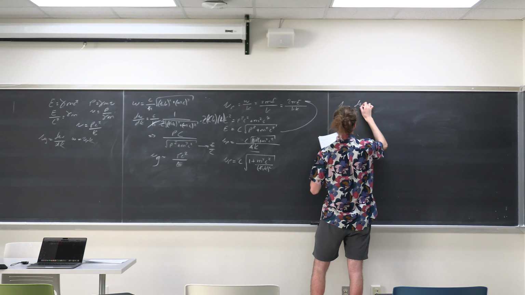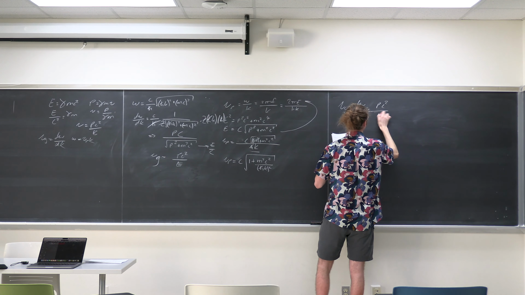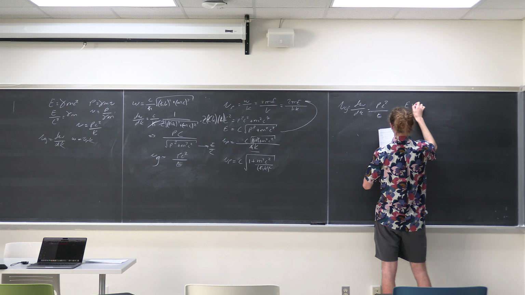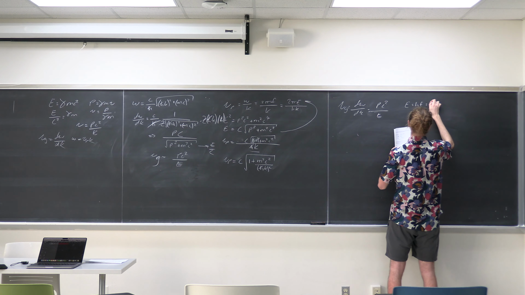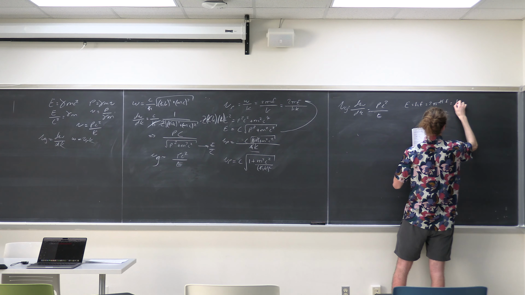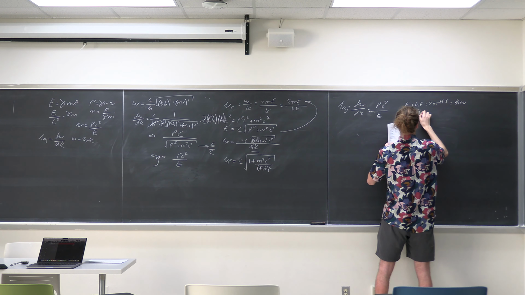Group velocity is dw dk, pc squared over E. And E is hf equals 2 pi h bar f equals h bar w. p equals h bar k.